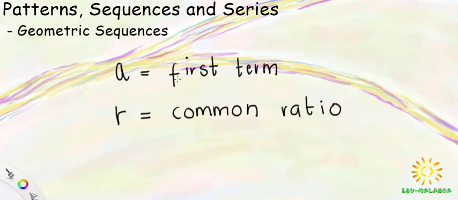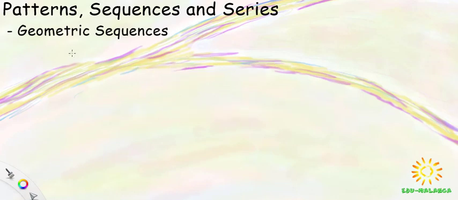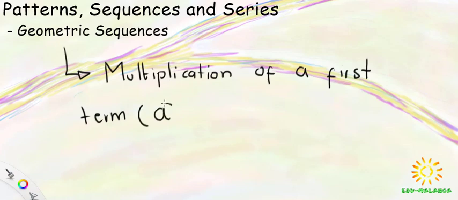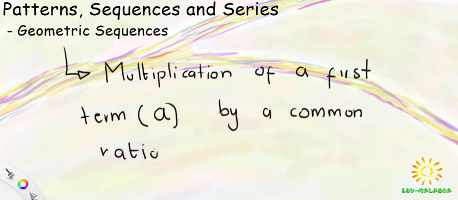Now that we've understood the variables, how could we use words to define a geometric sequence? A geometric sequence occurs when you have multiplication of an initial or a first term, the first term, we denoted it with the variable A, by a common ratio, which we denoted using the variable R. So that is how we would use words to define a geometric sequence.